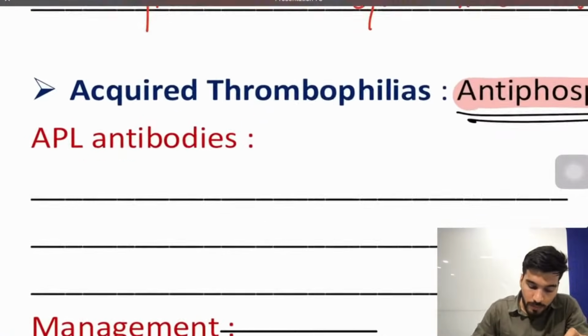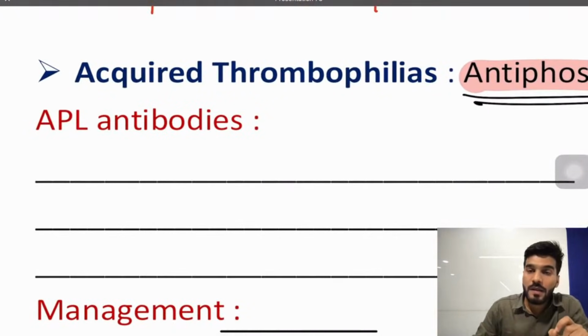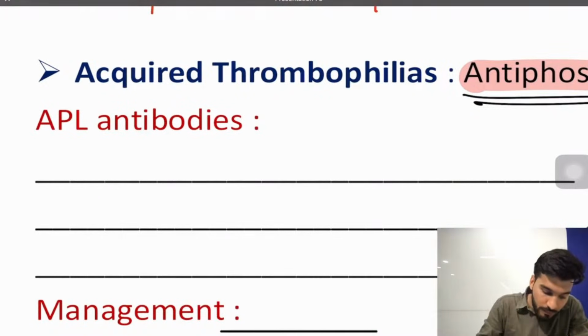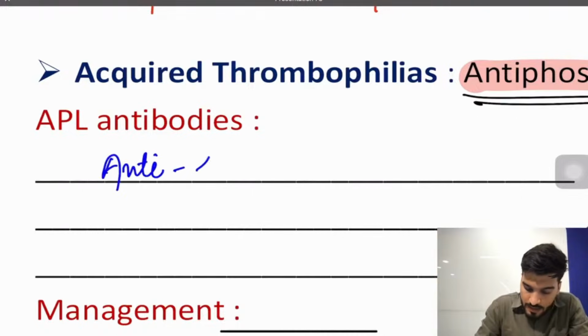So you just have to remember the 3 antibodies. What are the 3 antibodies seen in anti-phospholipid antibody syndrome? Number 1 is anti-beta-2 glycoprotein.